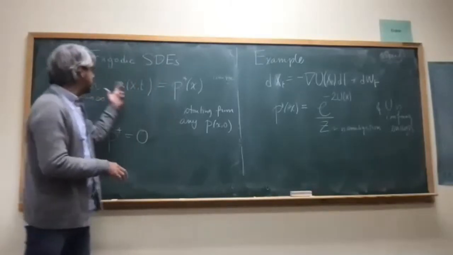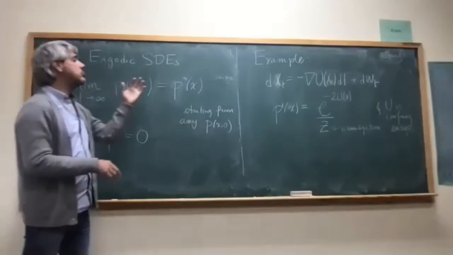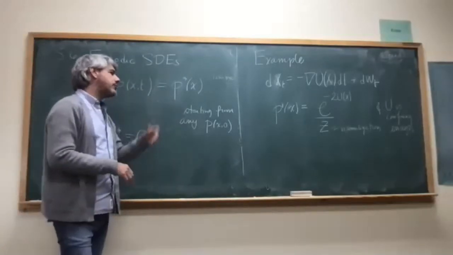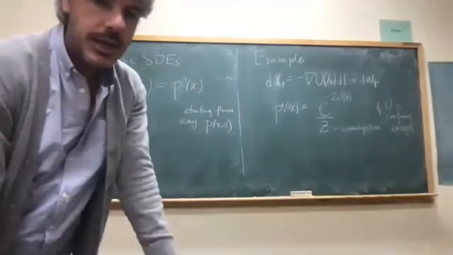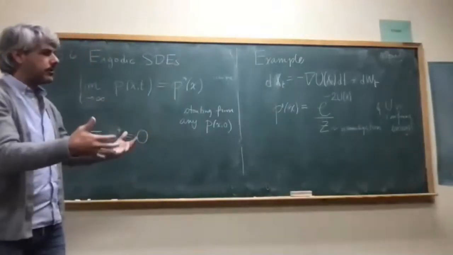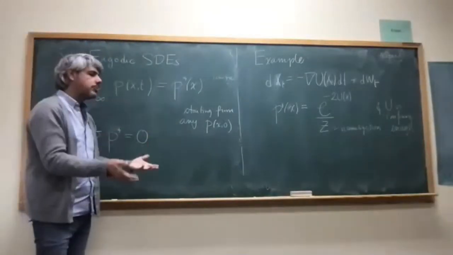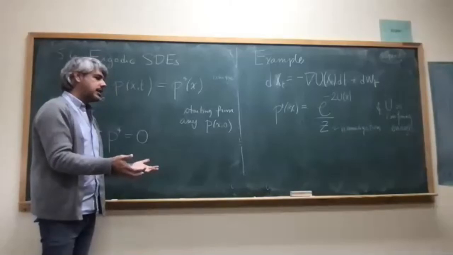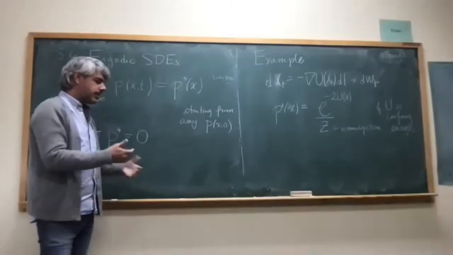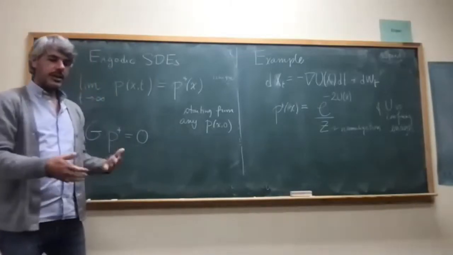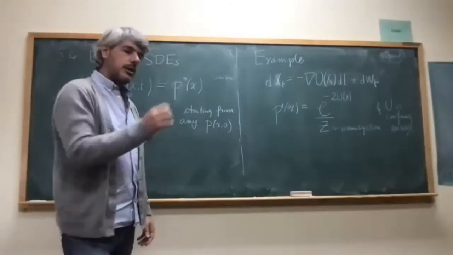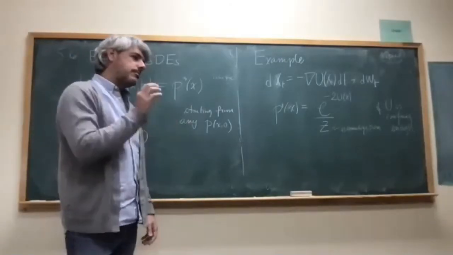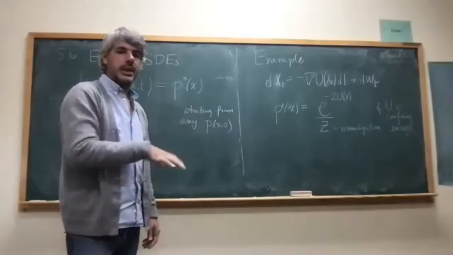But ergodic processes are interesting because they will have a unique one, and it will be reached from any initial distribution for the process. It's not so easy, from the look of a stochastic differential equation, to determine whether it's ergodic or not. But again, in all the examples that I give in the lecture notes, or many of the examples that you'll see in the textbooks that I gave as references, most of the processes there are actually ergodic.